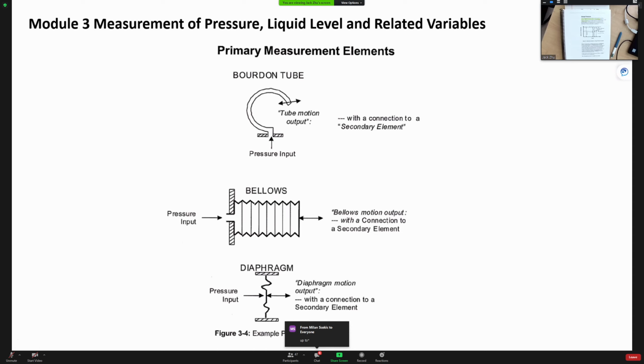Yes. So in the book, I think they're talking about how the Bourdon tube can measure up to 10,000 psi. The bellow usually is 100 psi, and the diaphragm can measure a few hundred psi.